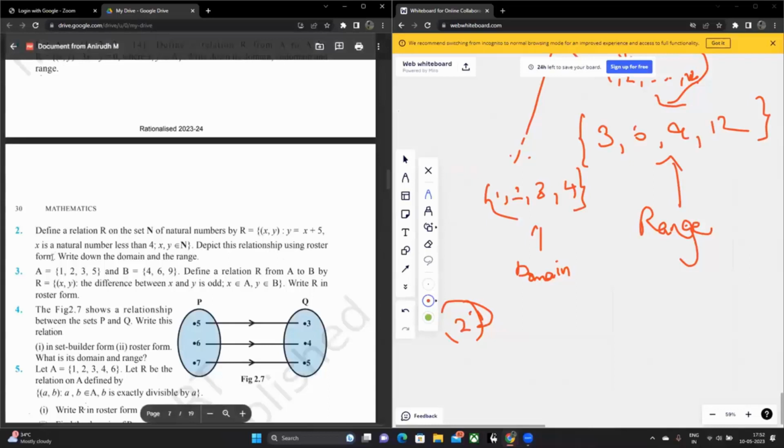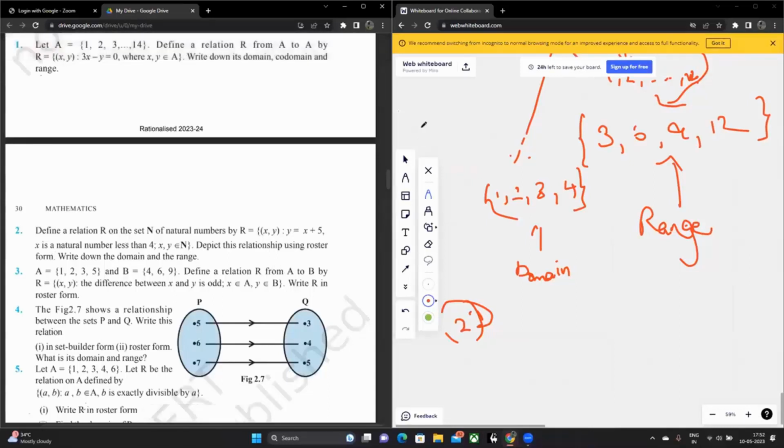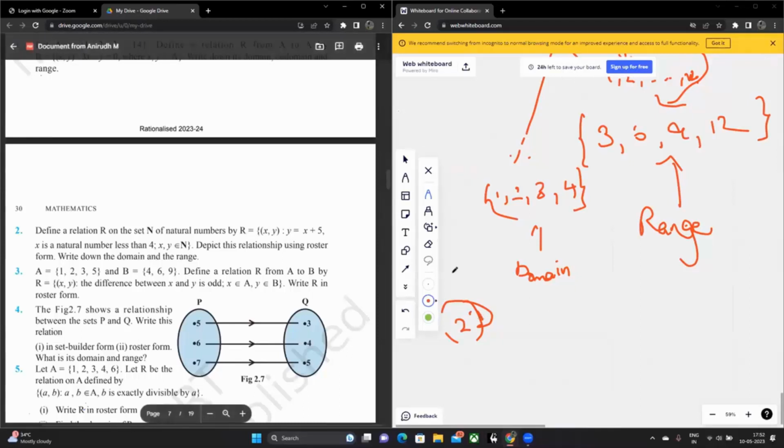Depict this relationship using roster form, write down the domain. So you are given a set builder relation: y equals x plus 5, and x, y belong to N, the set of natural numbers N, right?